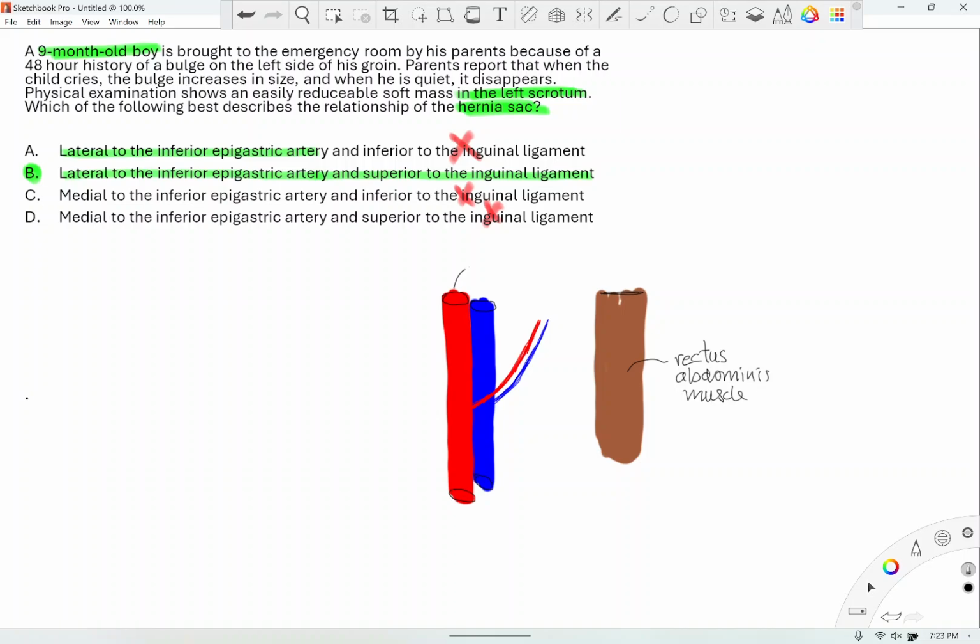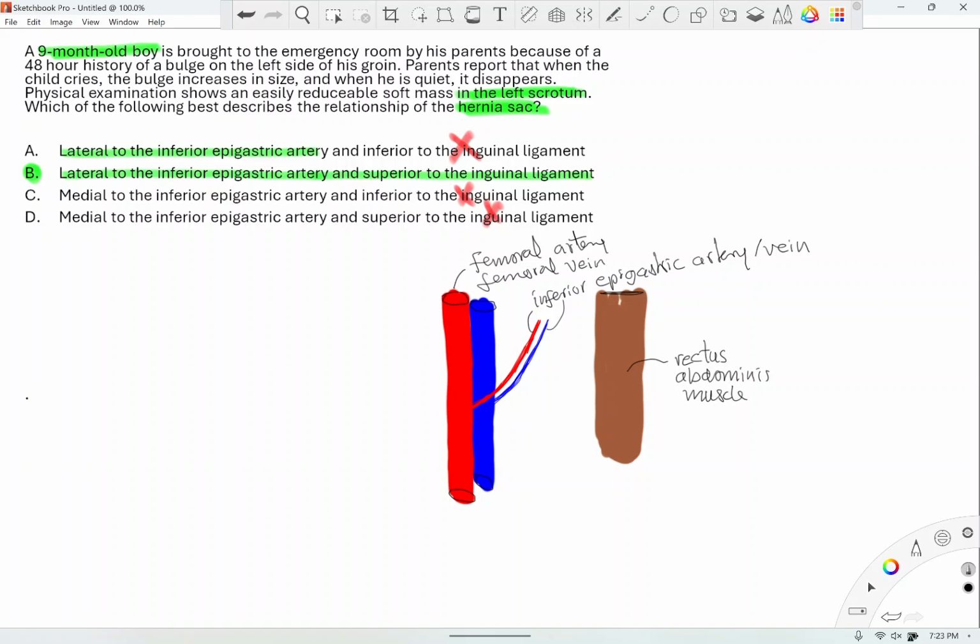And then we have red is femoral artery, I'll put A, and blue is femoral vein. Okay, this small artery right here is the inferior epigastric artery and vein. So I'll just put artery, it is in red, and then blue is vein, or you can call it vessels.